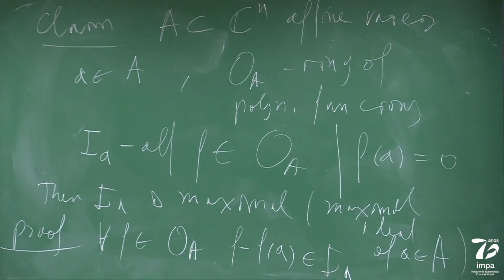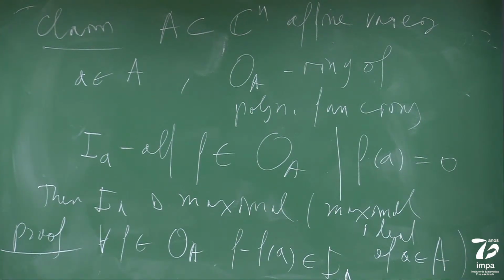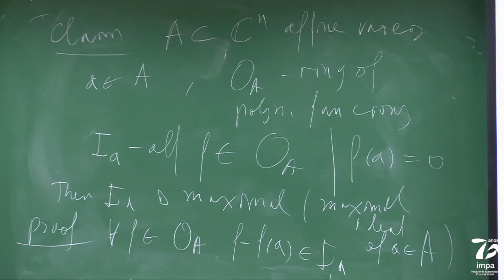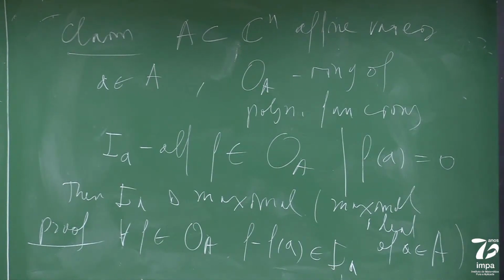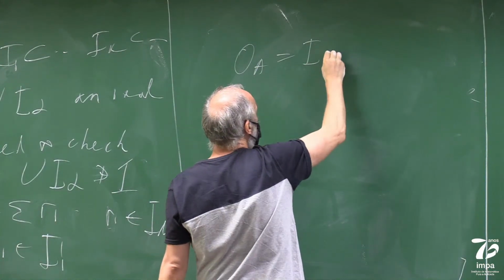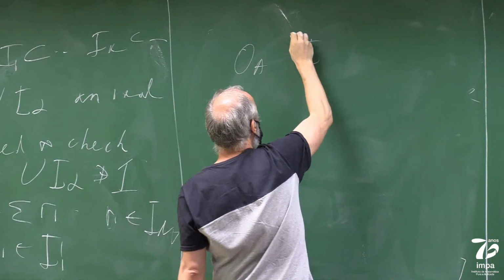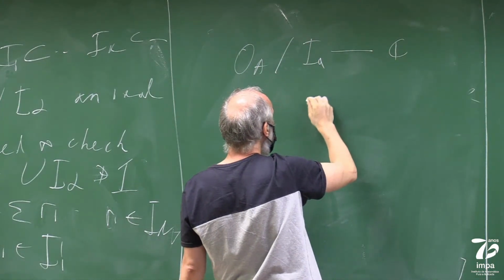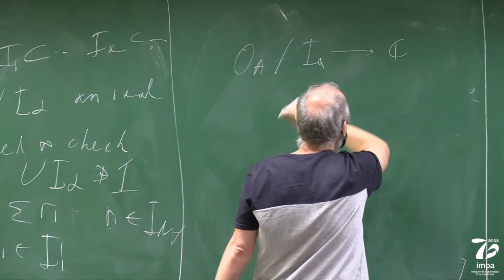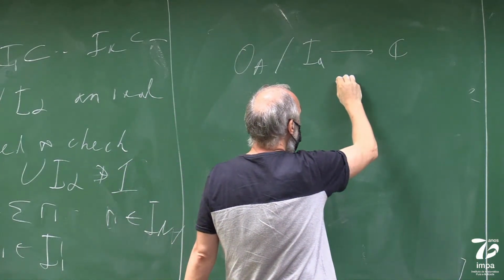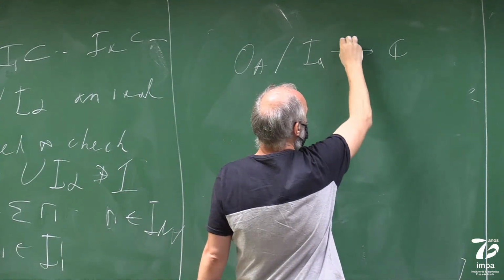So this means that O_A over I_a is equal to C. So the quotient is projected to C. Yeah, it's an embedding and also it's surjective.